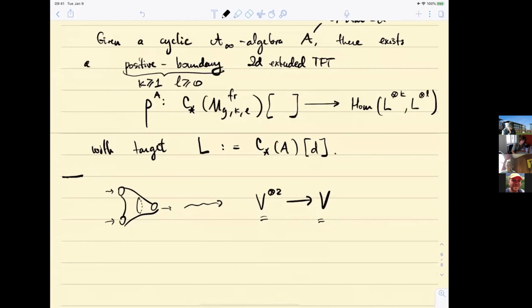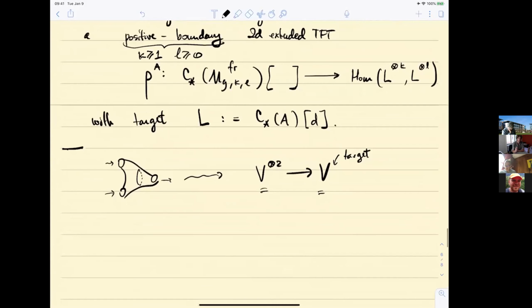So I get a map from two copies of a fixed vector space V to another vector space V. This V is called the target of the field theory. Now, this is a purely topological field theory in which I only think about this surface as a topological manifold.